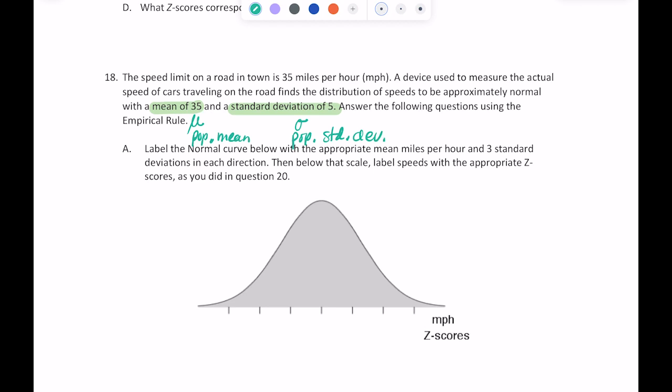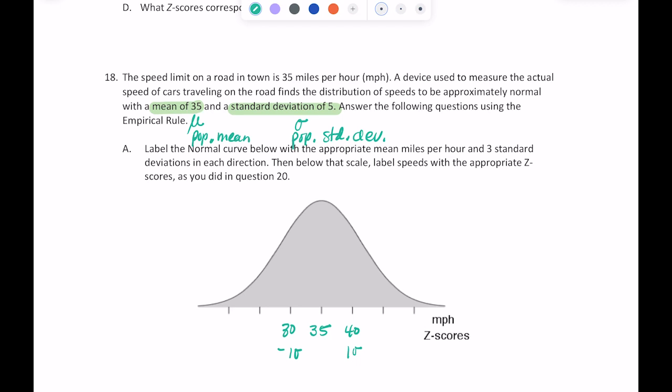We know that the mean goes in the middle because it's the average. So 35 is going to go in the middle. Since my standard deviation is 5, I'm going to add 5 to 35 and get 40, which represents 1 standard deviation above the mean. 35 minus 5 is 30, which is 1 standard deviation below, and so on.